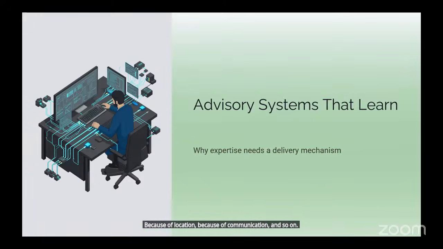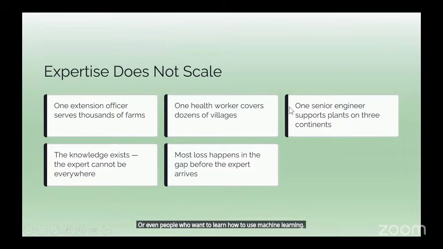So that's the particular application I'm going with. Other applications might include health, people who have questions, and so on, or even people who want to learn how to use machine learning. Okay? So there are many possible applications.